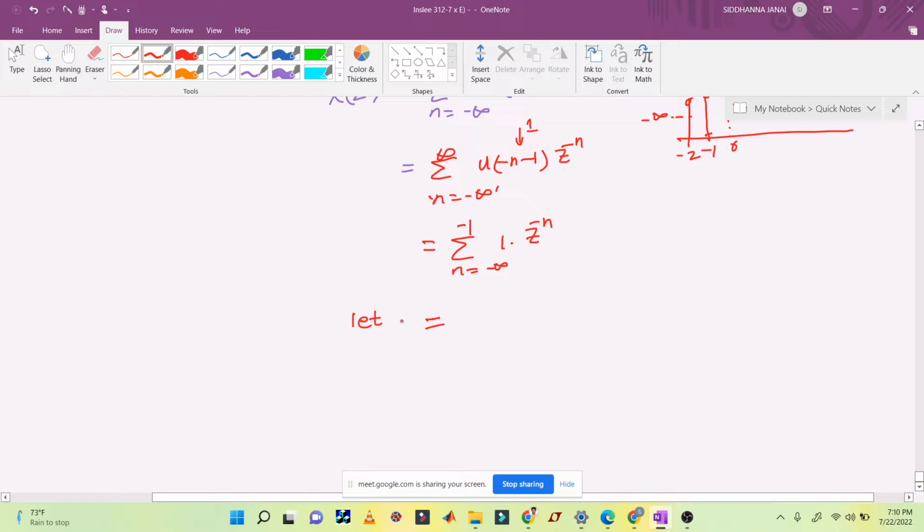Let m is equal to minus n. Then what will happen? When n is equal to minus infinity, m is equal to plus infinity. If n is equal to minus 1, m is equal to plus 1.